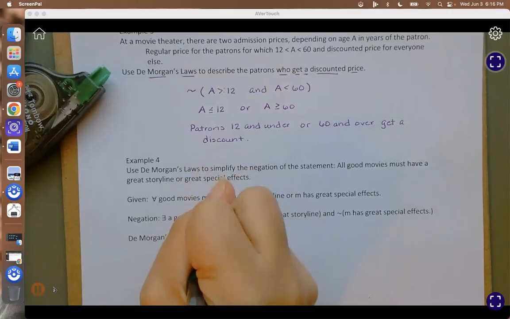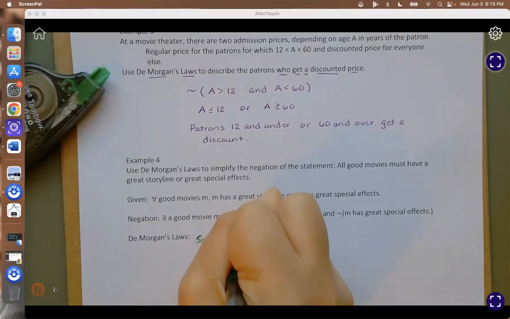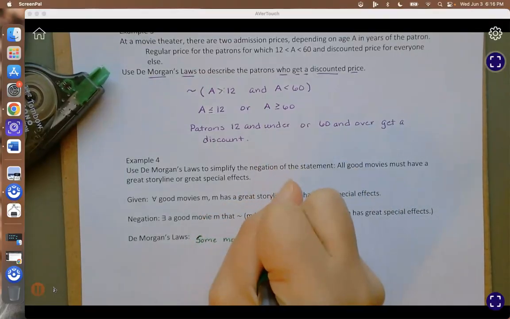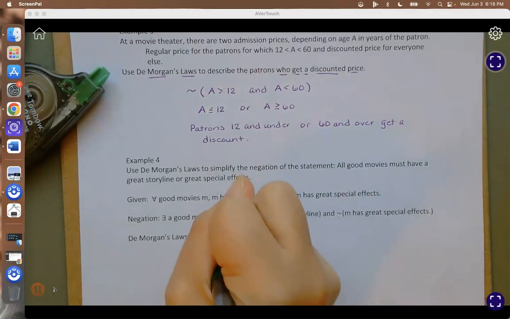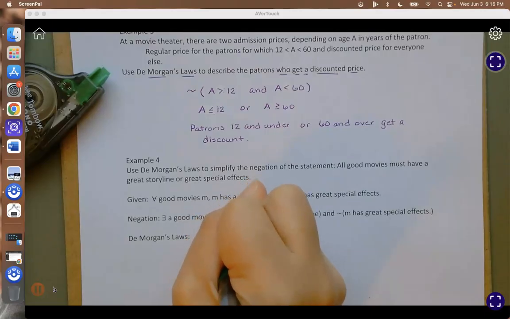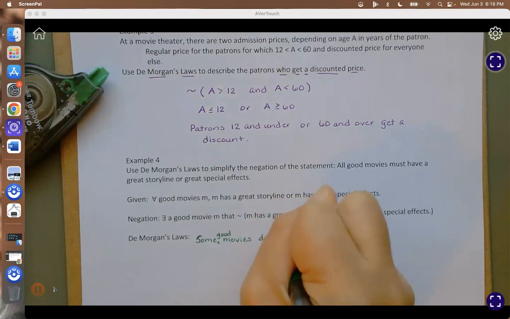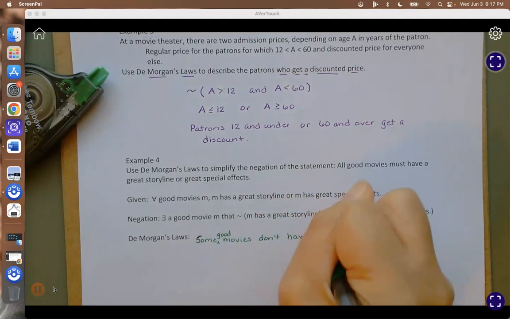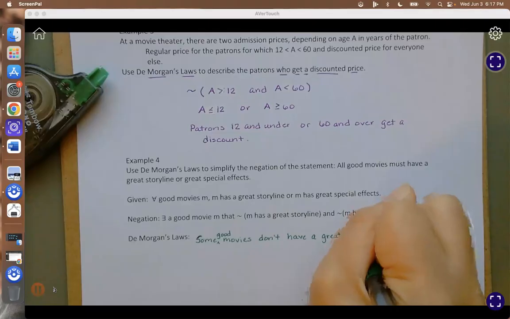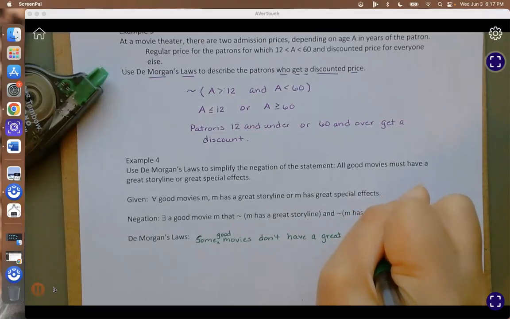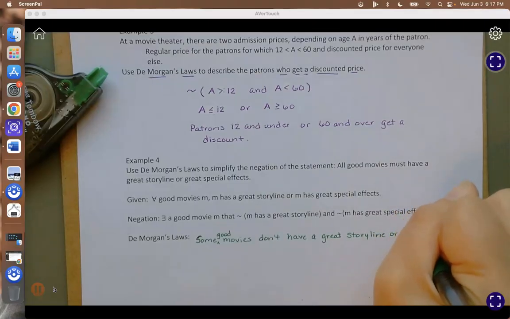So, all you have to write is the following. Simplify this negation. So you're going to go, some good movies don't have a great storyline or great special effects.